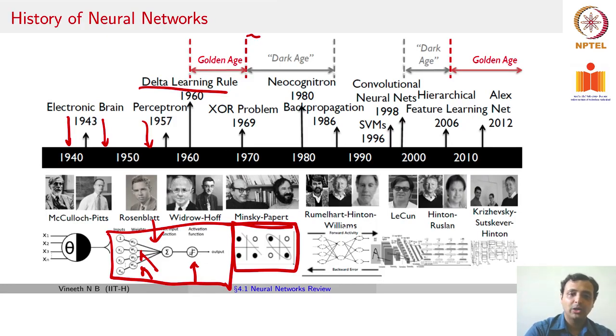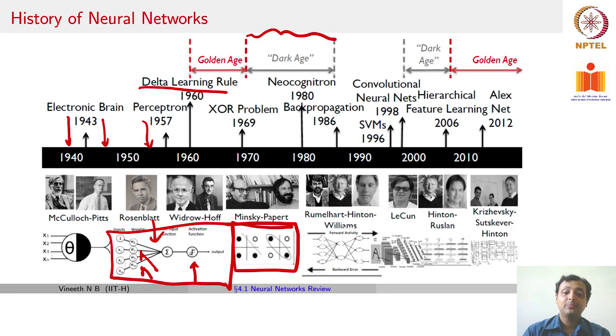This led to a downfall of neural networks in the 1970s because all the hype of the perceptron had simply been crashed because of its inability to handle the XOR scenario as well as similar complex functions.